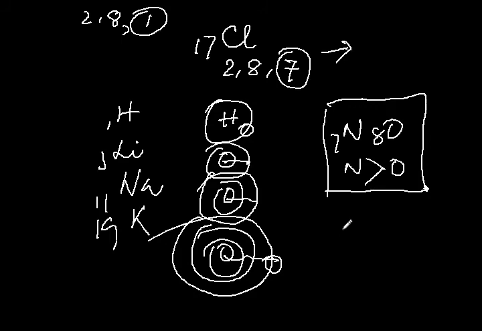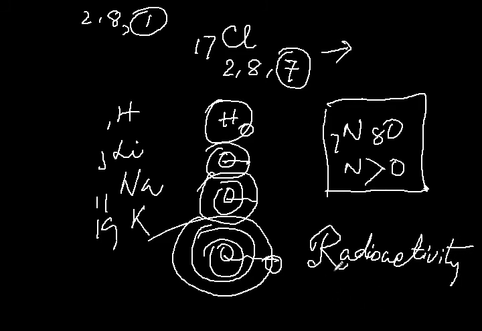Before going to that, I would like to mention that the properties we have discussed are periodic properties of the elements. There are some properties which are not periodic. For example, radioactivity is a non-periodic property. It is not a periodic property, keep in mind.